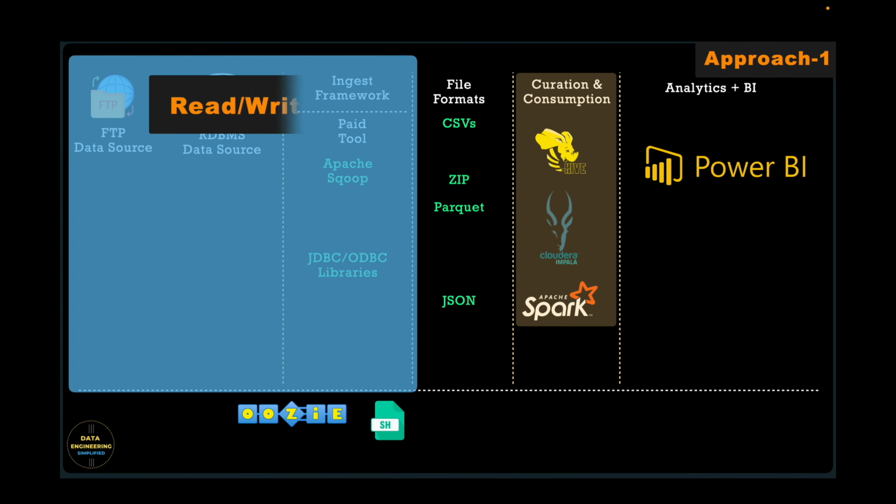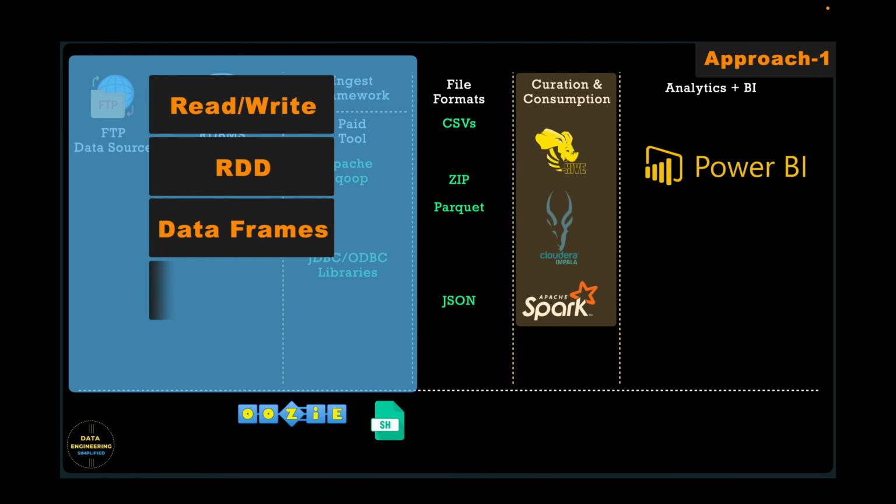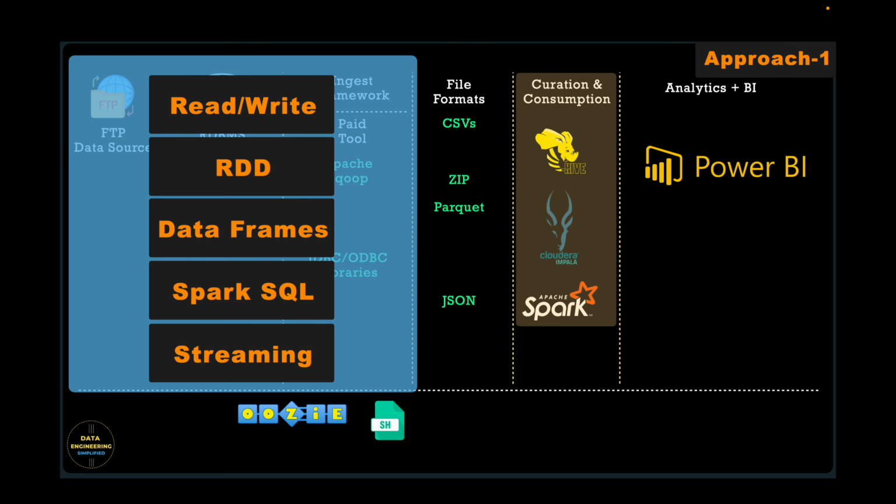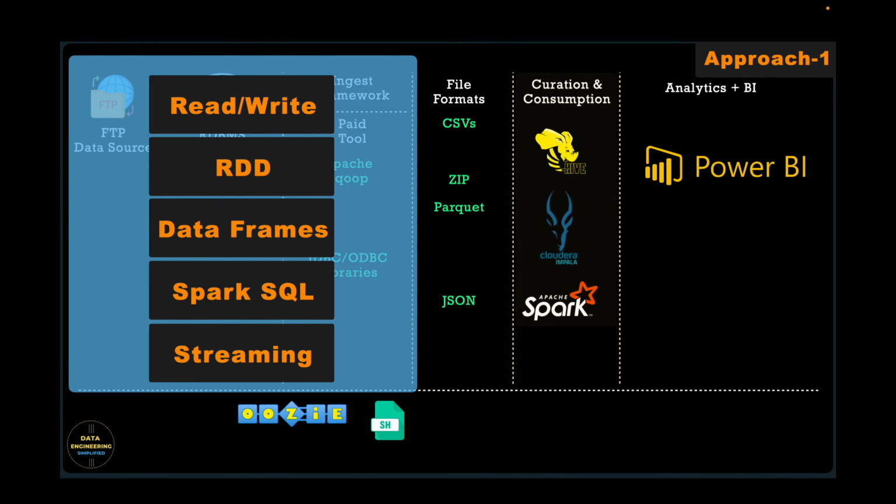This could be read-write API, RDD API, DataFrame APIs, Spark SQL APIs, streaming APIs, or various ML libraries and APIs. Based on this assessment, you can determine whether it can be migrated to Snowpark. If it can, you will need to consider the appropriate approach. If it cannot be migrated, you will need to explore workarounds and design alternative solutions to fulfill those requirements.